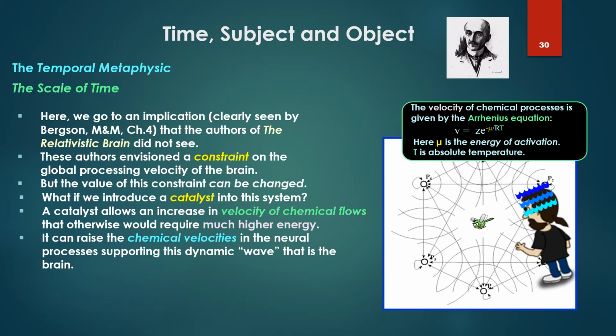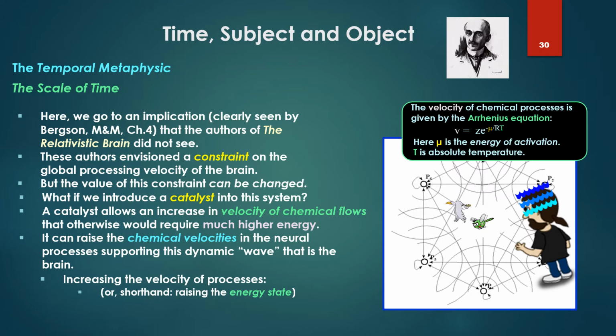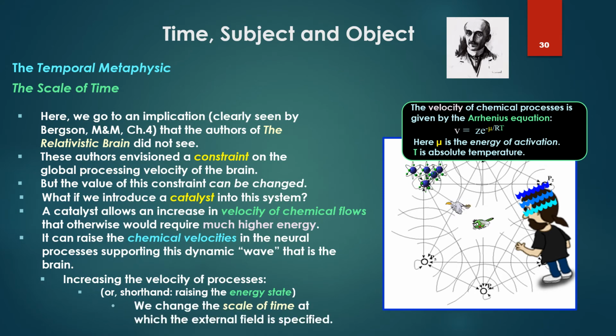So if we can raise the chemical velocities in neural processes supporting this dynamic, reconstructive wave that is the brain, well, increasing the velocity of processes, or shorthand, I like to say raising the energy state, the fly buzzing at normal scale would transition, as we raise that energy state, to a fly flapping his wings like a heron, to perhaps an ensemble of whirling electrons. In other words, we're changing the scale of time at which the external field is specified.